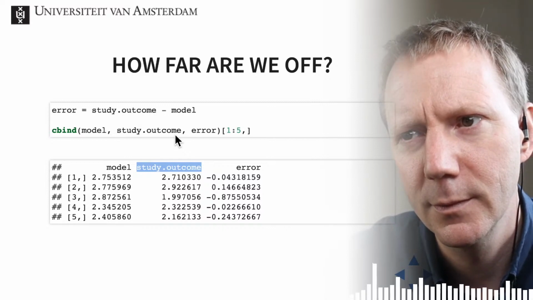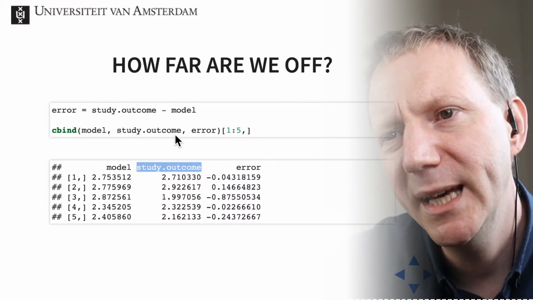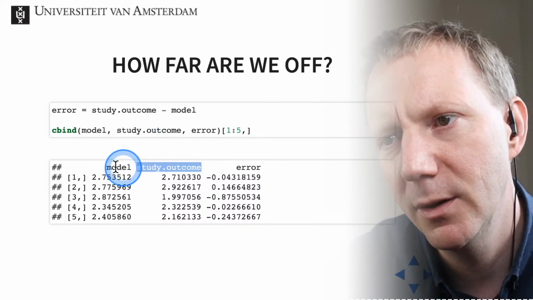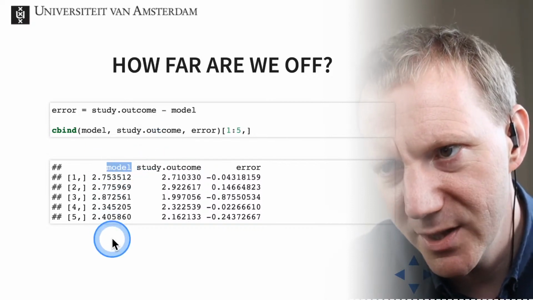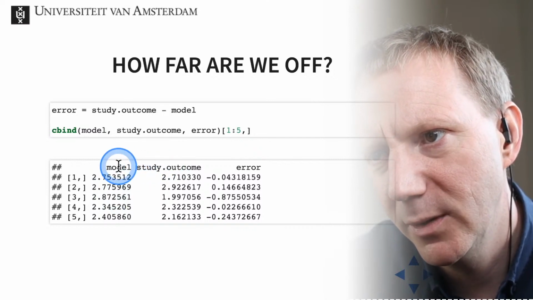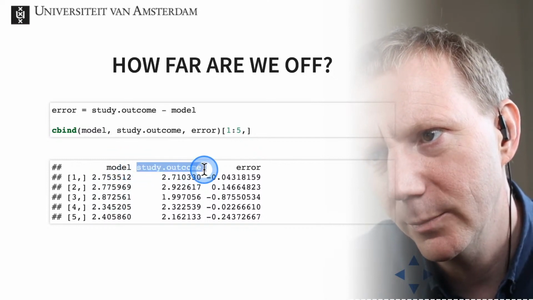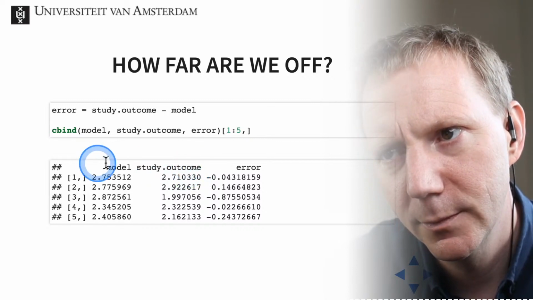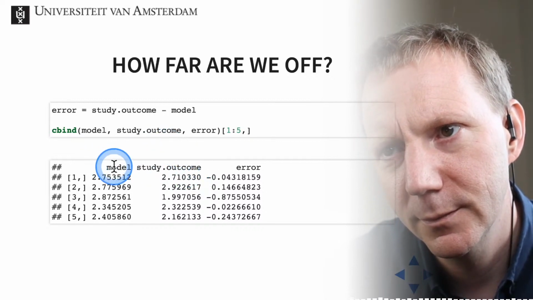Could you repeat that question, please? What do we get if we correlate the model? So all these numbers, correlate the model with the study outcome. See how well the model fits?